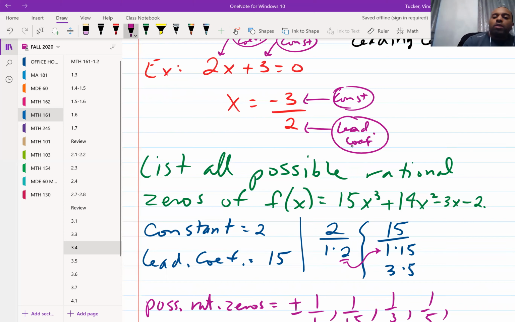So our leading coefficient is 15 and our constant is 2. That's what I wrote right here.